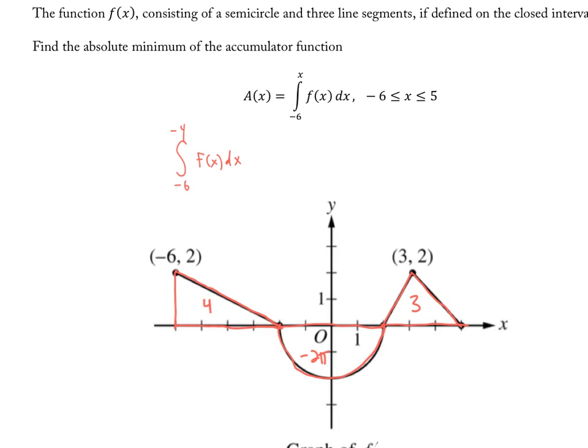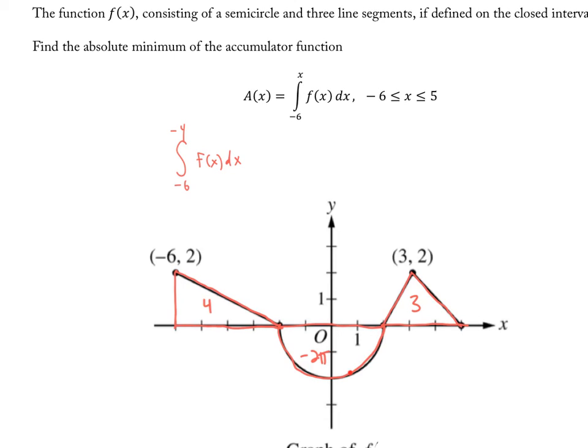And then it keeps growing. As x grows, the area grows, up until you get to negative 2. Once x gets past negative 2, this function starts accumulating this negative area, so it starts decreasing. And then once you get past 2, the function will start increasing because it'll be adding area.